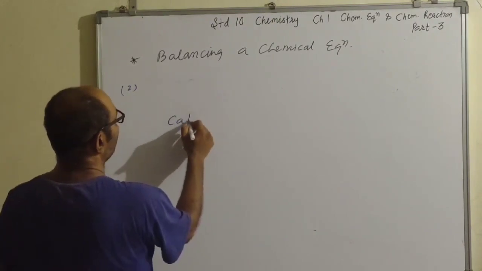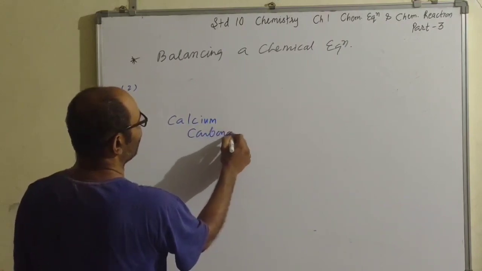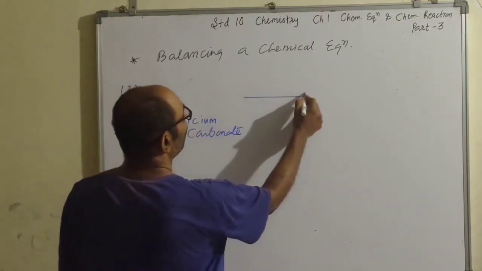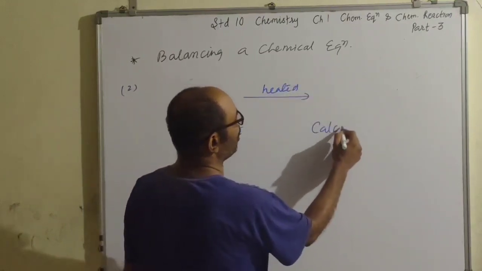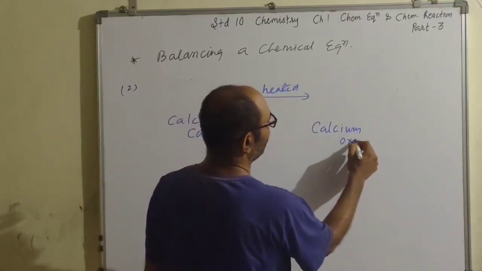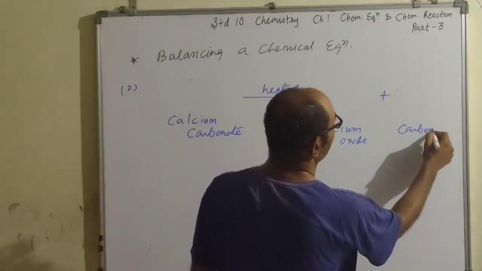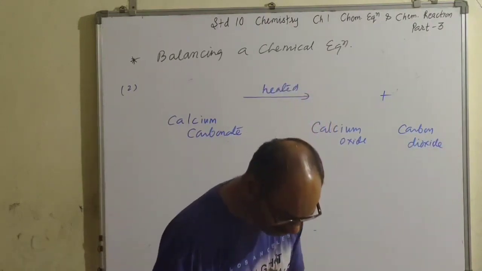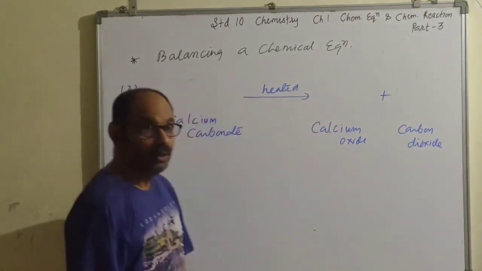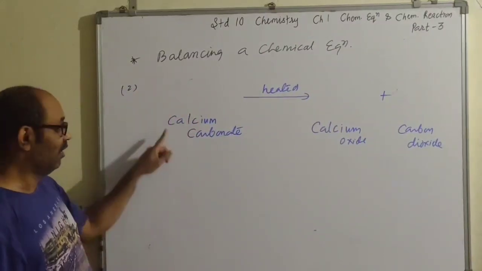Okay. Calcium carbonate, which is one of the salts, when heated, produces calcium oxide plus carbon dioxide. Now you want the formula of calcium carbonate.